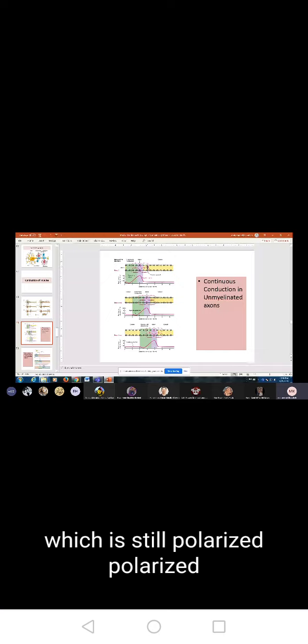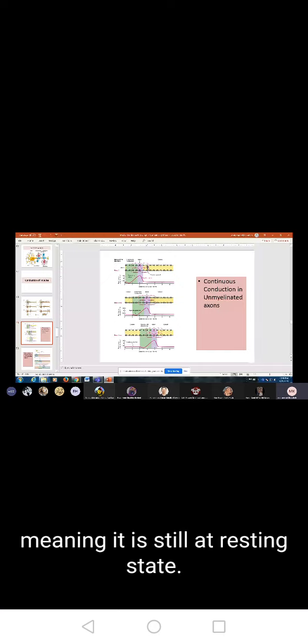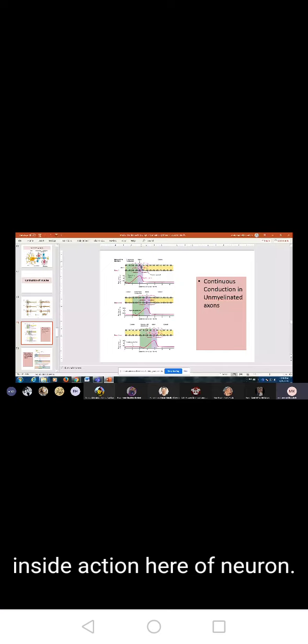Polarized meaning it is still at resting state. Also, we have these currents at the outside, but the most important are the currents we have inside the axon of the neuron.